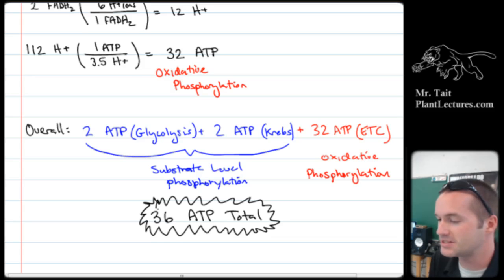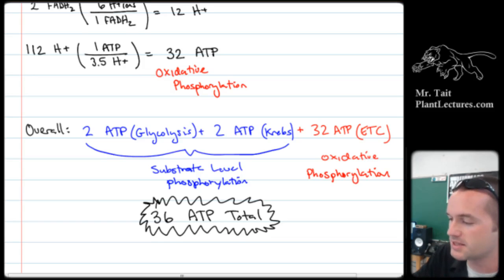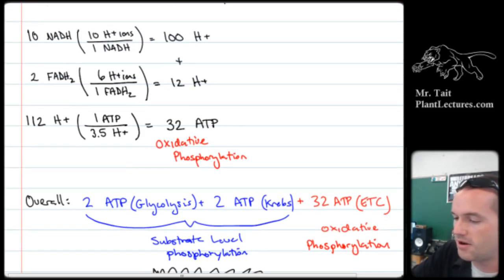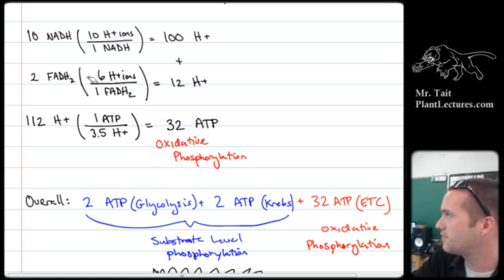This is a little disingenuous because these numbers up here are fudged a little bit. This 10 H plus ions per NADH and 6 H plus ions per FADH2. That's a little bit fudged, and then this one is fudged a little more than that. So this is more like 3.625 H plus ions, right, per ATP.